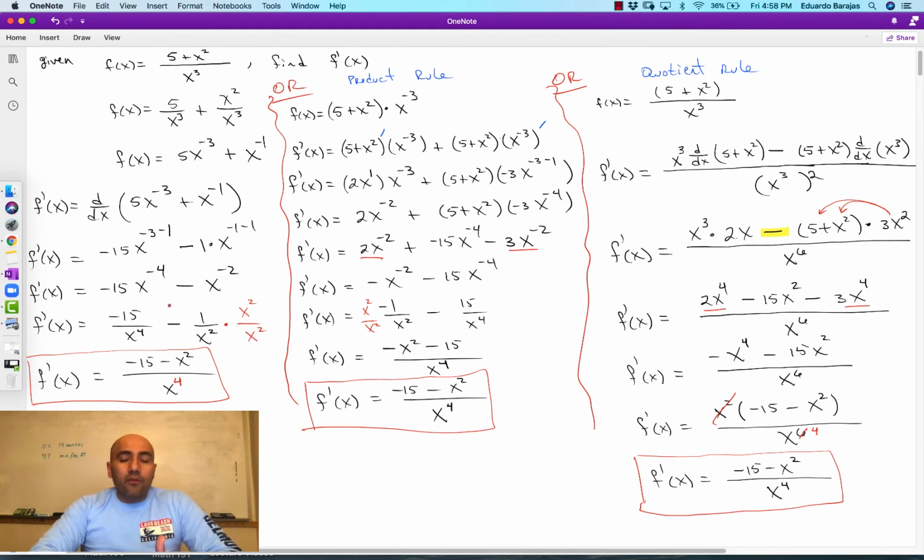So, why bother with the really complicated ones? If it simplifies, make it simple and do it that way. But as we will see, there are many cases where you really can't simplify it this way, and your only way to find the derivative is to either use the product rule or the quotient rule. Okay, so let's do an example where this is just not really a feasible option, and we'd rather do either the product rule or the quotient rule.